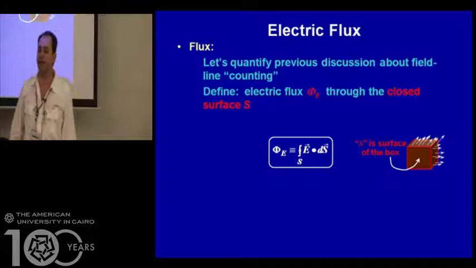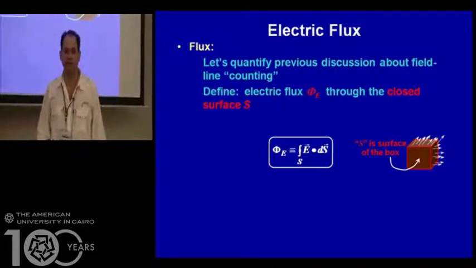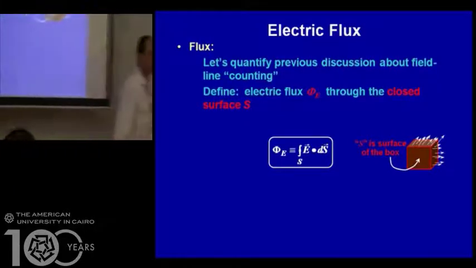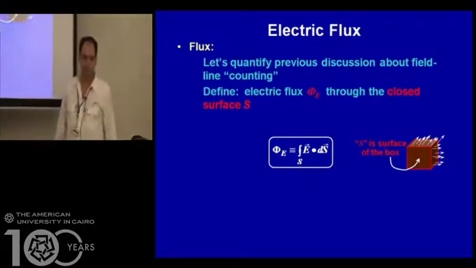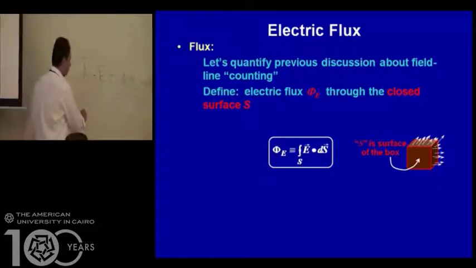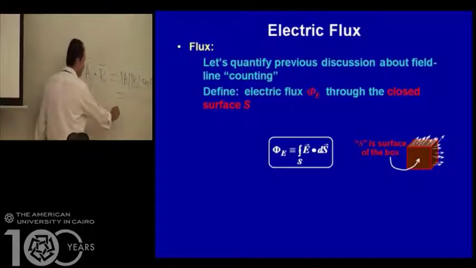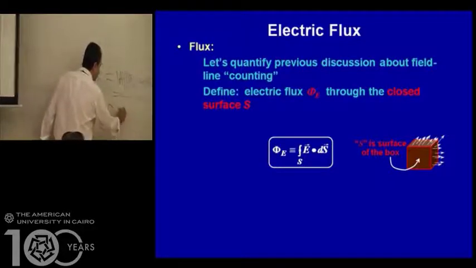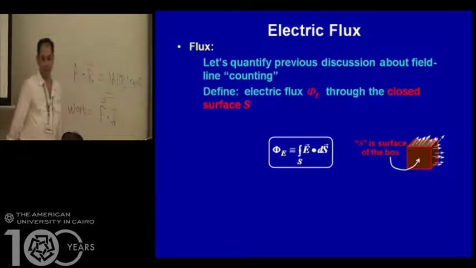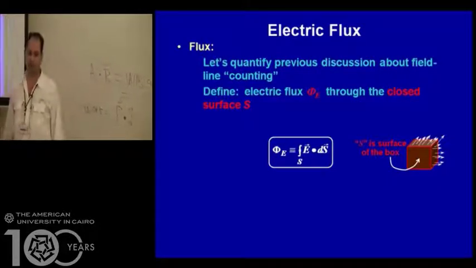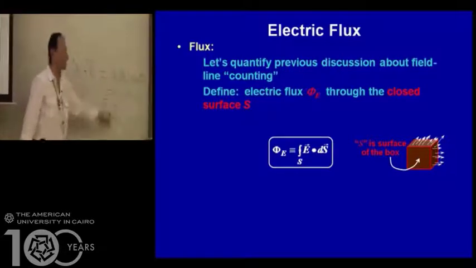Can you give us an example of something we studied before in Physics 111 that has a dot product? Force dot displacement. This is a scalar quantity. The dot product usually gives us a scalar quantity.